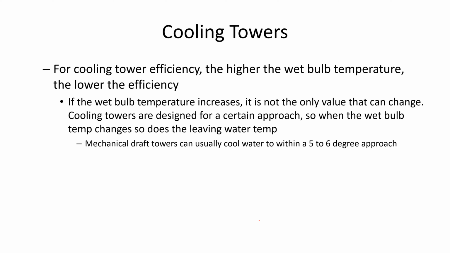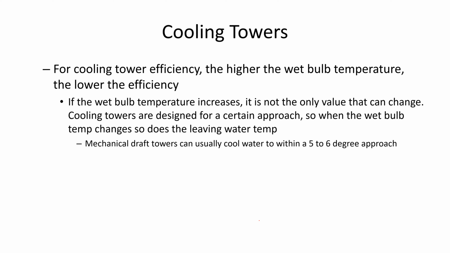If your wet bulb temperature increases, it's not the only value that changes. Our cooling towers are designed for a certain approach. So when the wet bulb temperature goes up, your leaving water temperature is going to go up too, because we can get to a certain point within range of our wet bulb temperature, but we're not usually going to be able to get any closer.